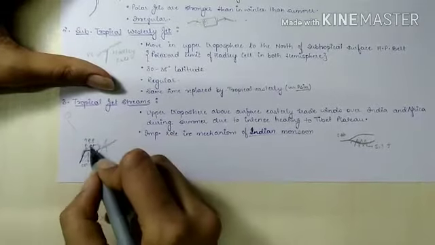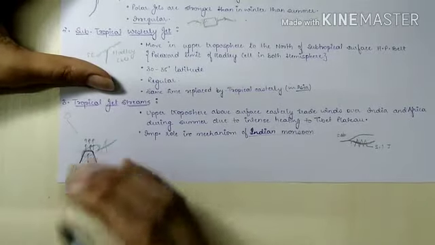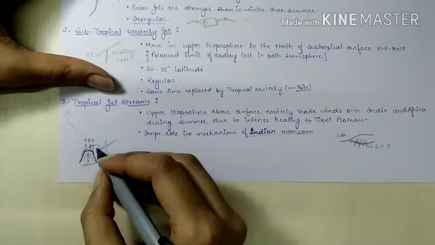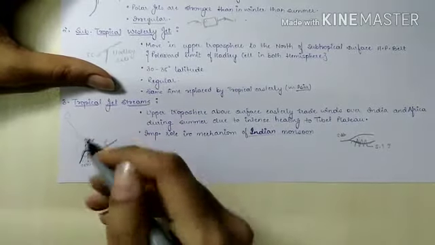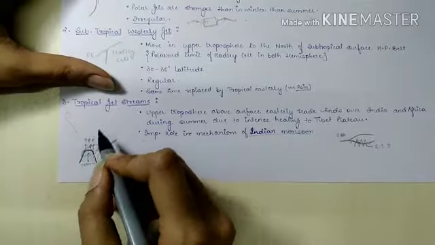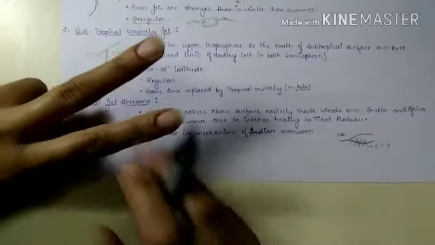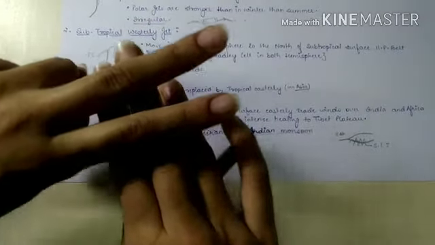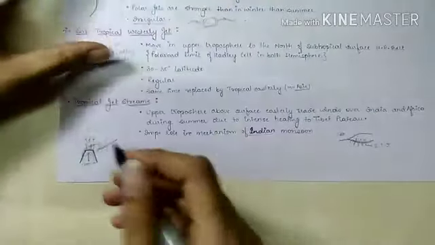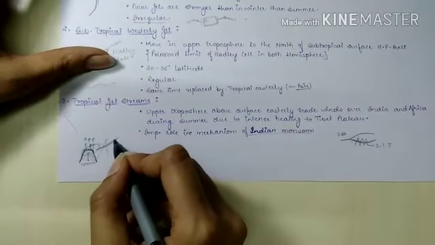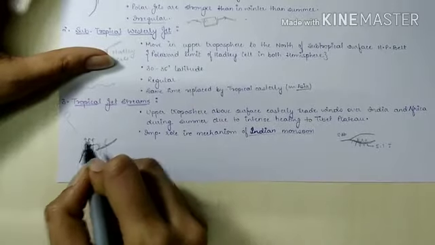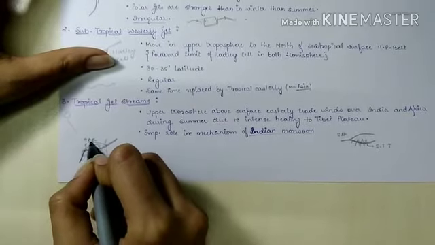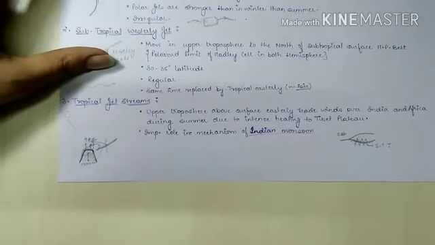Now because the air is rising up, it lifts the subtropical jet stream with itself. Because of this lifting, the two branches are also lifted along. So the south tropical jet is lifted, and as soon as it is lifted, it shifts northward.